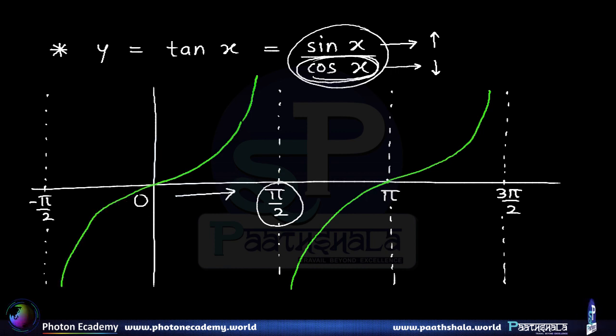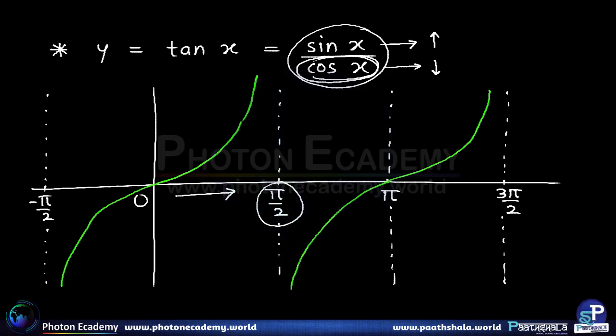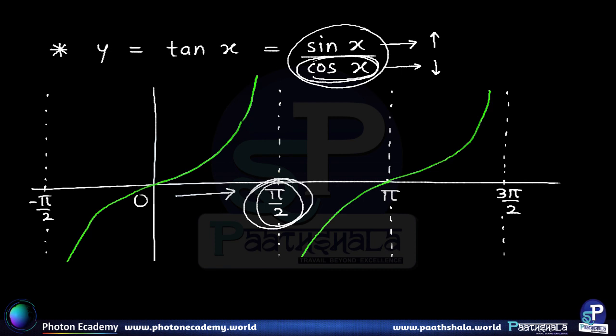So looking at the graph, if we talk about the domain first, that is, what values of theta or x, the angle, are allowed, we see that tan is defined for all values except pi by 2, 3 pi by 2 and so on, and then minus pi by 2, minus 3 pi by 2 and so on.